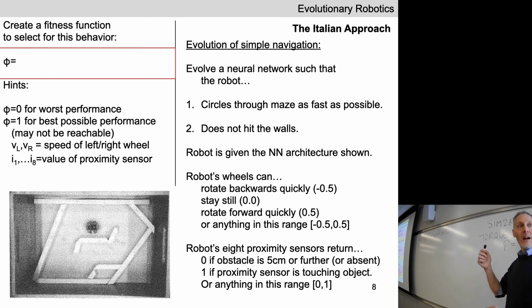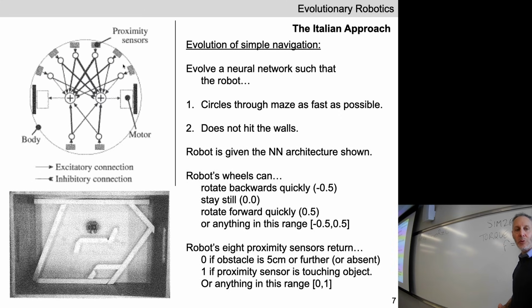Okay. I want you to take this information. Assume that you have these 10 numbers. You have the values of the proximity sensors. You've dropped a neural network inside the robot. The robot has moved around for 10 to 15 seconds, and you have the average value of these 1, 2, 3, 4, 5, 6, 7, 8 sensor values.